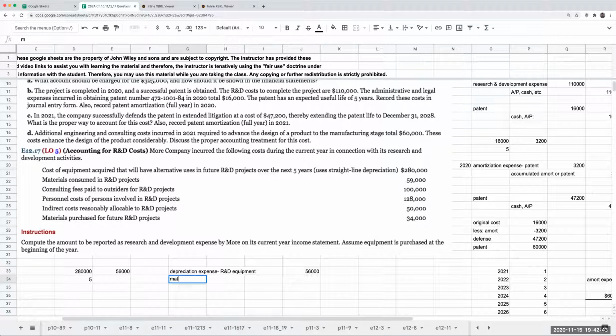Materials consumed in R&D, 59,000. And again, we're trying to total R&D on the income statement.